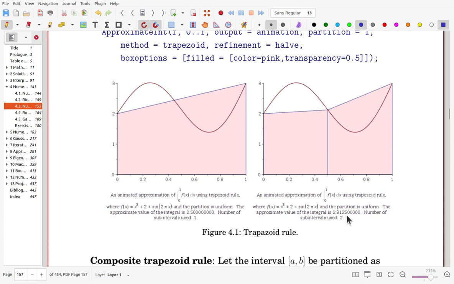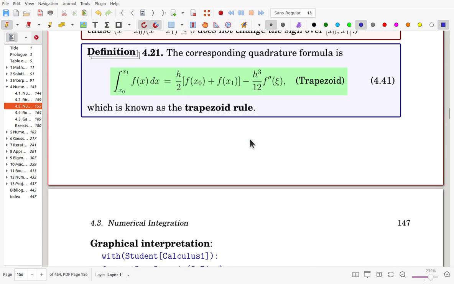It is better. So if we try to use many subintervals, then the approximation is better. Here, this elementary trapezoid rule can be applied for each subinterval.